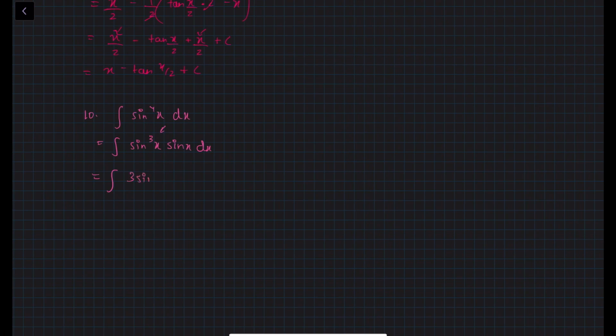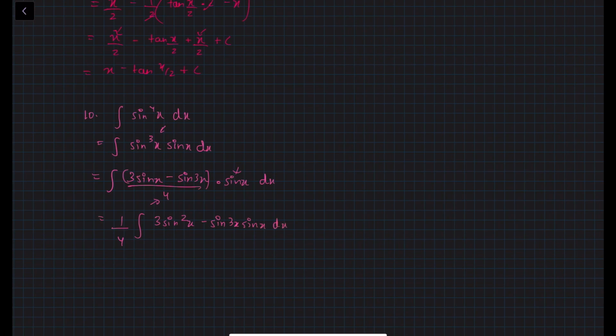So that's just 3 sine x minus sine 3x over 4, and of course there's a sine x here, dx. This 4 is just gonna get kicked out of the integral, and I'm gonna multiply these out by the sine x. So that becomes 3 sine squared x minus sine 3x sine of x dx.